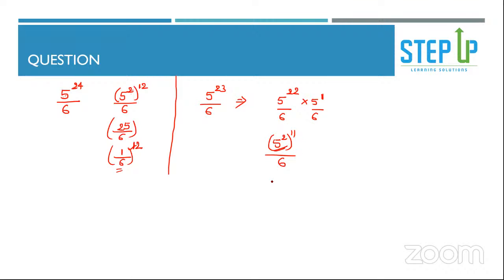So 5 square is again 25 by 6, and 25 by 6 will give me 1 as the remainder. 1 to the power 11 means it is 1 only. But we need to remember this 5 in continuation. So into 5 by 6. So 1 by 6 into 5 by 6, 1 into 5. Finally, it is 5 by 6.